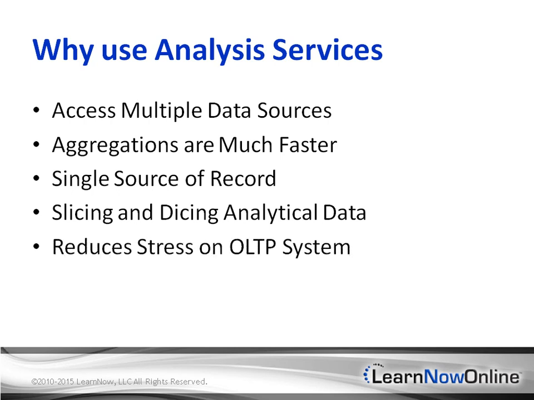With Online Transactional Database Systems, or OLTP systems, the stress is reduced from those systems when the company moves to a data warehouse system. The reads for reporting come from the data warehouse rather than the transactional system. The transactional system, or OLTP, is designed for fast inserts, updates, and deletes.